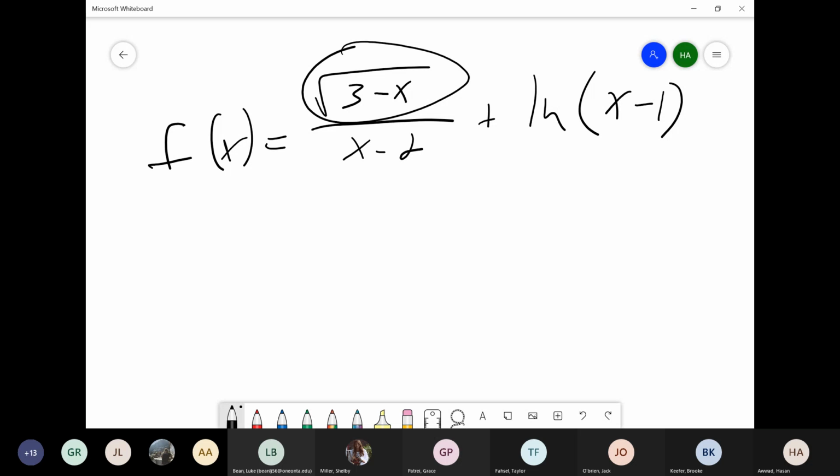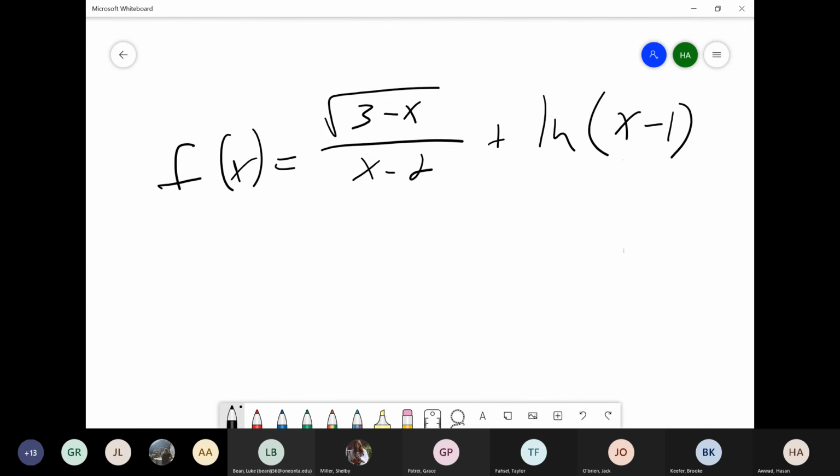So we have to find the domain of this piece as well, because finding the domain of that means we have to exclude the negative possibilities there. And lastly, we see that we have a logarithm. So all three of our rules here we have to go through. And this is why number 12 is kind of a doozy, but one that we're going to work through together. So the way that we approach this is we split it into parts.